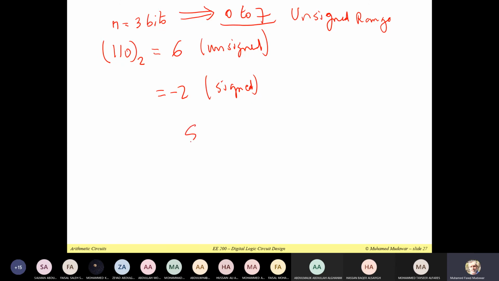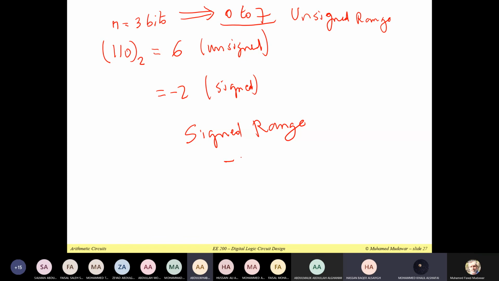If you would like to find the signed range, when n is equal to 3, what will be the signed range? -7 to 6? -8? Wrong. -4 to +3.